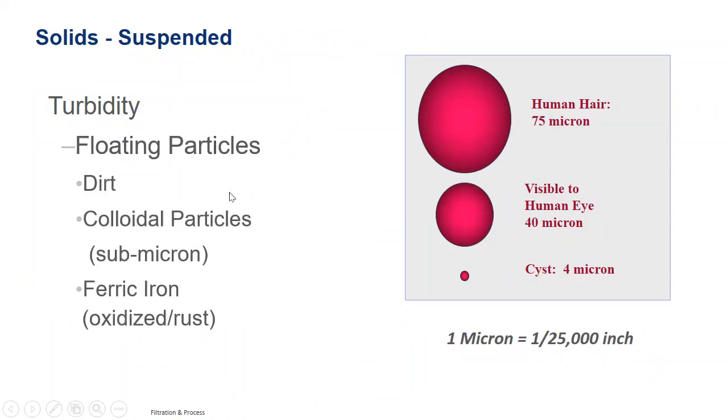Now we have some stuff that's still floating in the water. That's your colloidal stuff. But when we turn on the water flow again, that flow may pick up some of that stuff that's settled out in the pipes and stir it back up. And it's going to keep moving down, kind of like sand and debris down a river, but that colloidal stuff stays there. Sometimes that manifests as ferric iron and oxidized rust particulate as well.